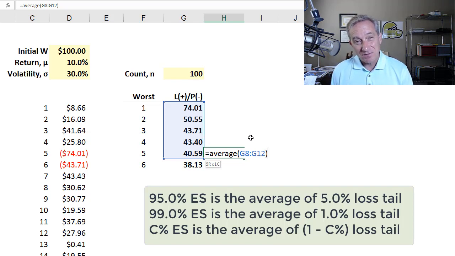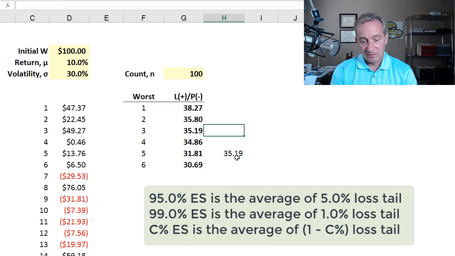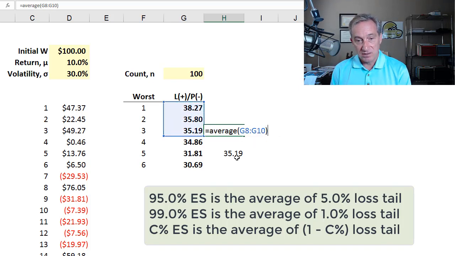If we want the 95% expected shortfall, we delimit by the probability and take the average. So in this simulation, I get $35.19.